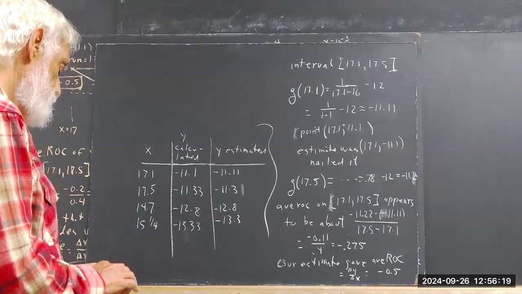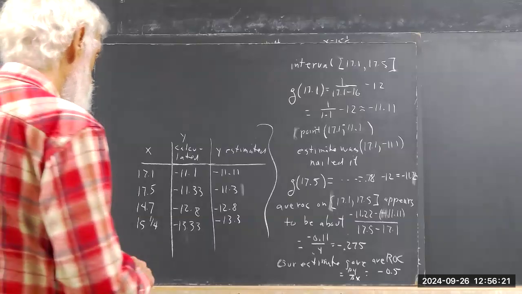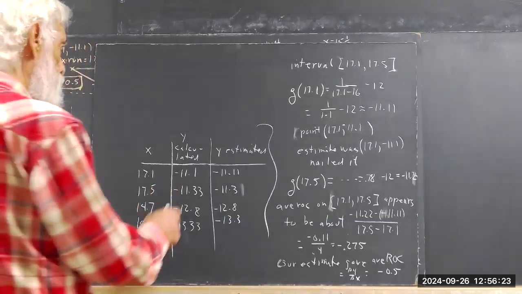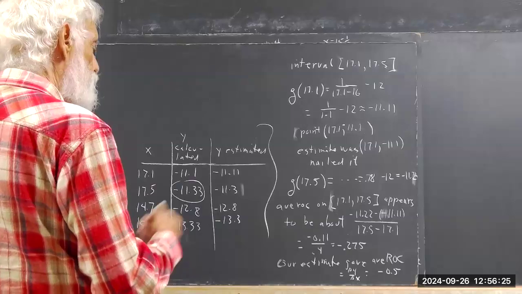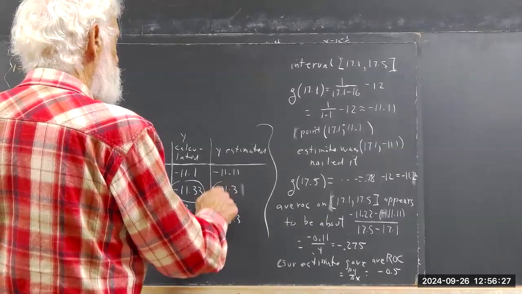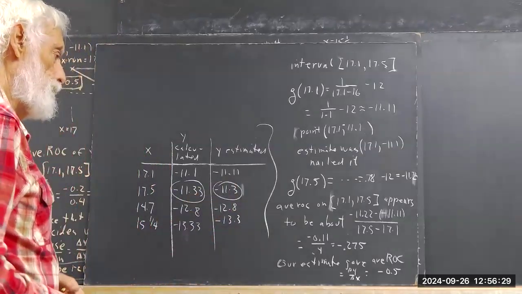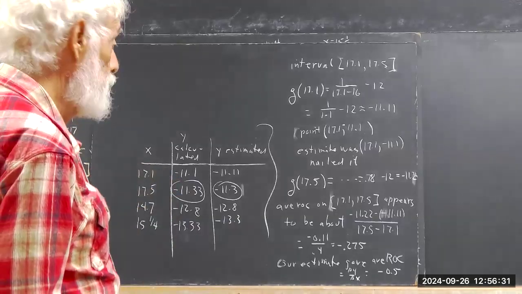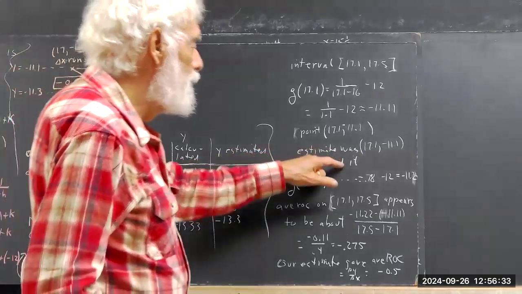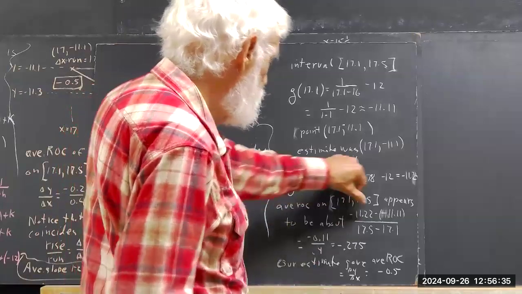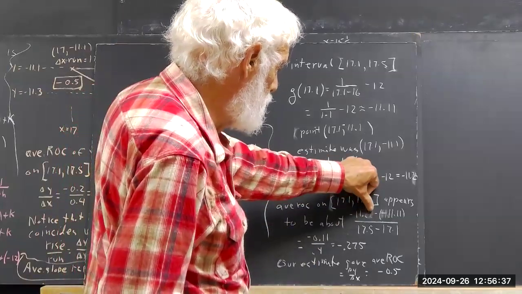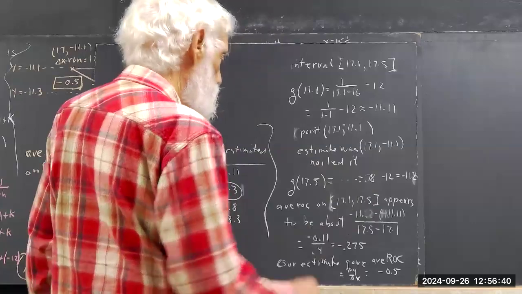Now, 17 1/4, I have says 15.33, and we estimated -11.3. So actually our estimate was real good here. That affects the calculation of the rate of change. Double check all my numbers here. I've made a couple of mistakes.